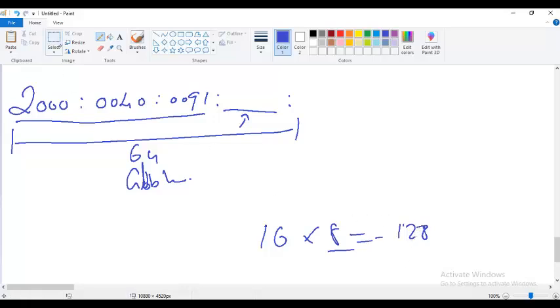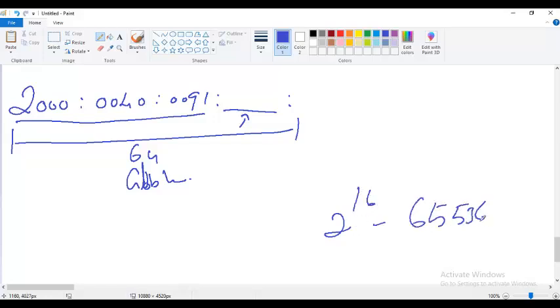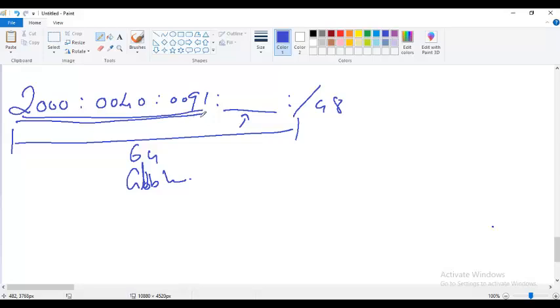These many subnets you can make from one network. How? This is /48. They have given only 48 bits. By doing like this, 2000 colon 0040 colon 0091 colon 0001. This is the first subnet, 64 bits.